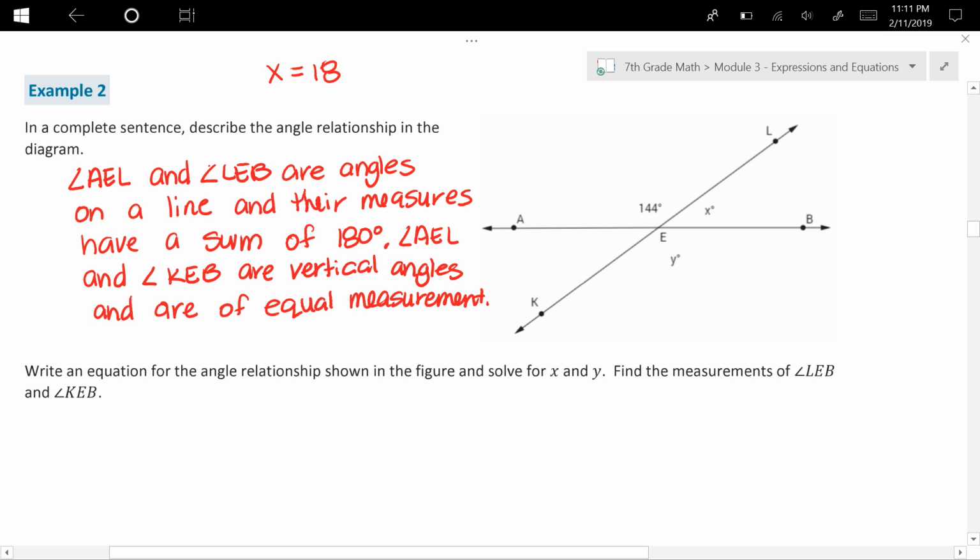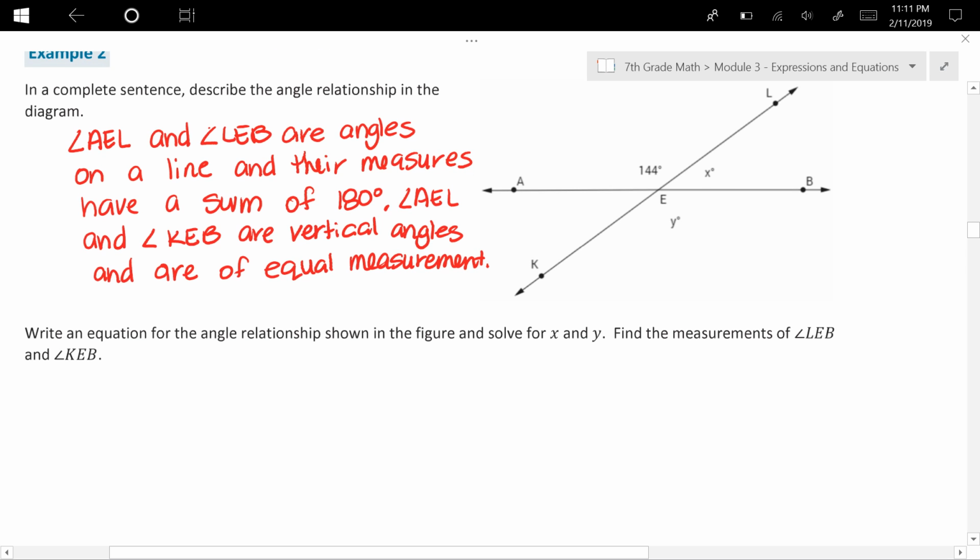Okay, so because this angle right here is 144, and right here, Y, is vertical to that angle here, I know that Y equals 144. I'm going to mark that down here. Y equals 144.